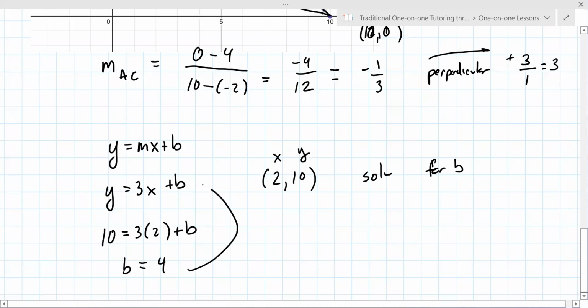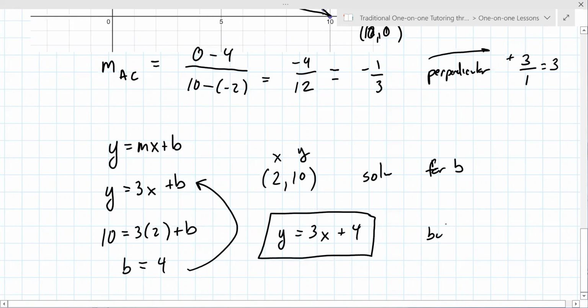So that goes back into this line right here: y equals 3x plus 4. You need the equation, but we're not done. In all these problems, you get the equation of the line and then you do something with it. It wants the x-intercept. The x-intercept is when y is 0.